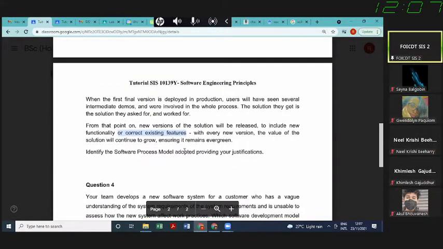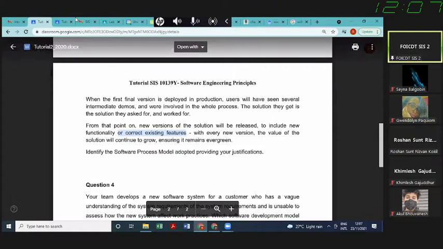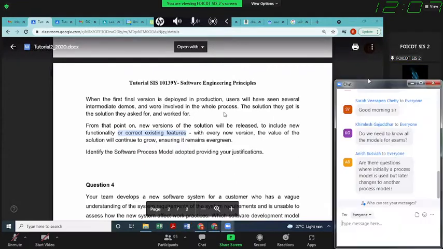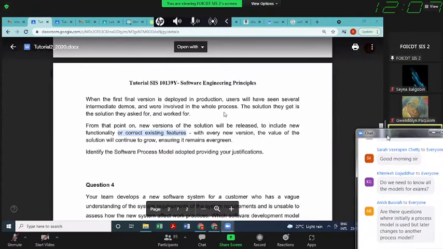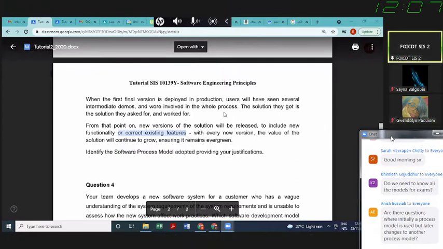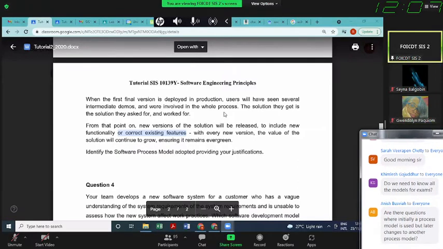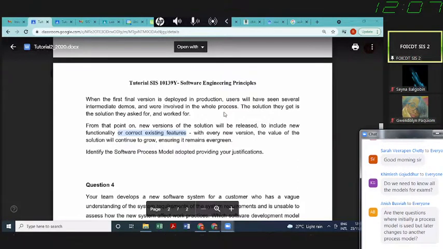Any other question you have? There are questions in the chat. Let me check this. You have a question here: are there questions where initially a process model is chosen but later changes to another process model?